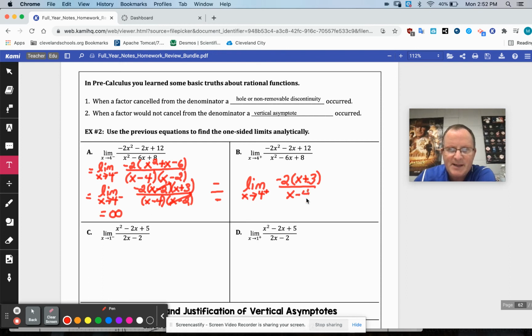Once again, if I'm substituting something greater than 4, like 4.00001, I'll have a positive on the bottom. Anything close to 4, larger than 4, is positive, times negative is negative. So that's a very small positive number into a negative number, and we'll end up with negative infinity.